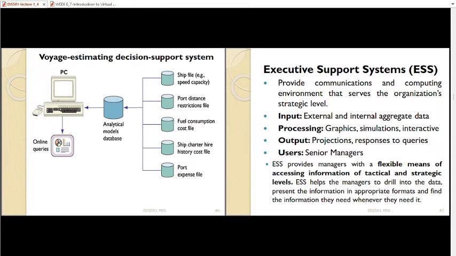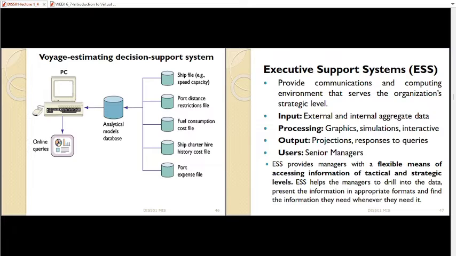Now, moving on from the middle level management, we move on to the strategic level, and on the strategic level, that's where we find the executive support system. These systems are much more simplified, because we were saying people in management don't have a lot of skills when it comes to use of computer systems.